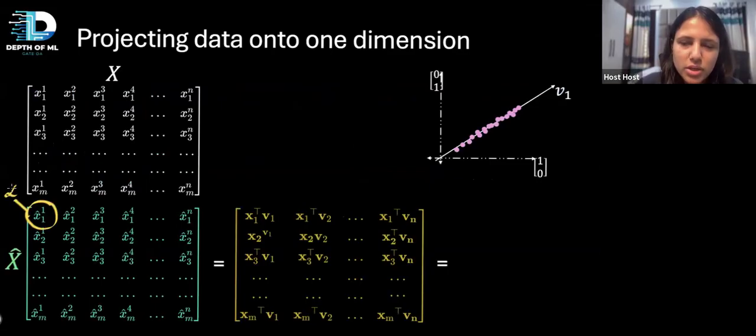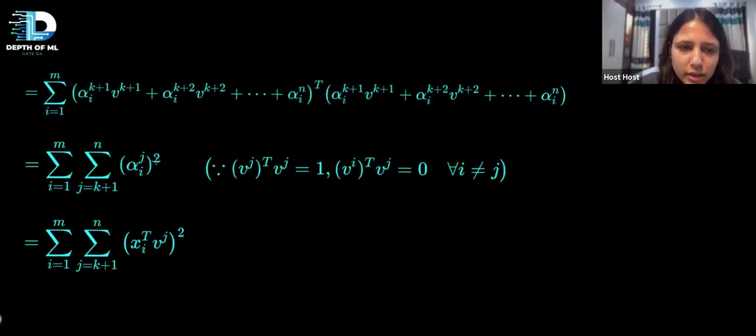I'm using alphas because they're easier to handle rather than these caps and superscripts and subscripts. So yesterday when we calculated them, they were nothing but dot products between the original data point and the new orthonormal vector that we had, right? So I've done nothing. I've just replaced this alpha, which in our earlier slides was x cap ij, with this particular term that we had seen yesterday. Fine?